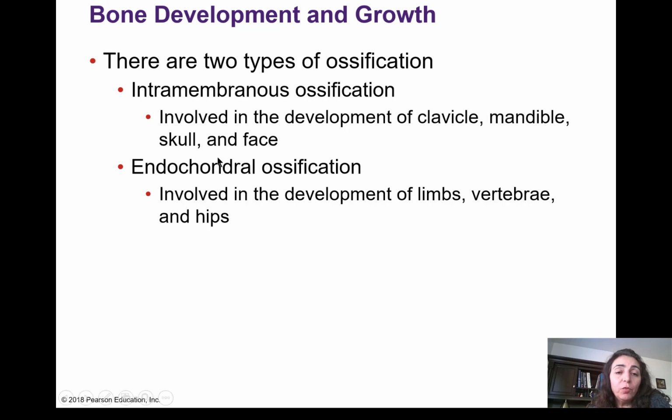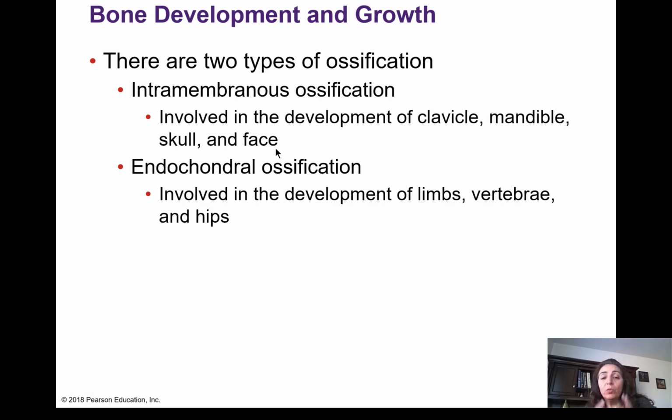As we said, we have two types of ossification, intramembranous and endochondral, and you need to know which parts of the body are formed during each process. Intramembranous ossification comes from the fibrous tissue and is involved in the development of the clavicle, mandible, skull bones, and the face.